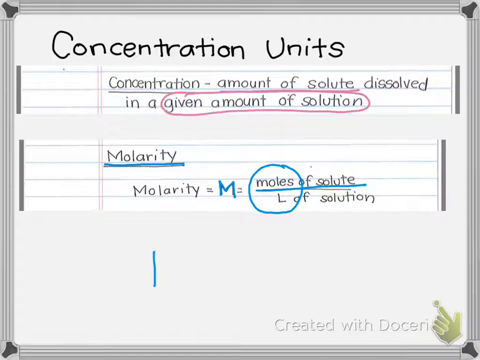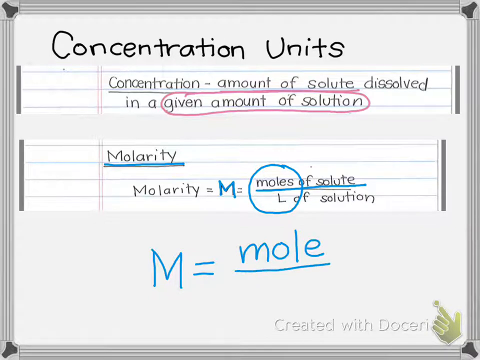So simply, the concentration in molarity, which I can write as a capital M, is moles of the solute divided by the liters of the solution. So let's see how we would use this equation to solve problems involving molarity.